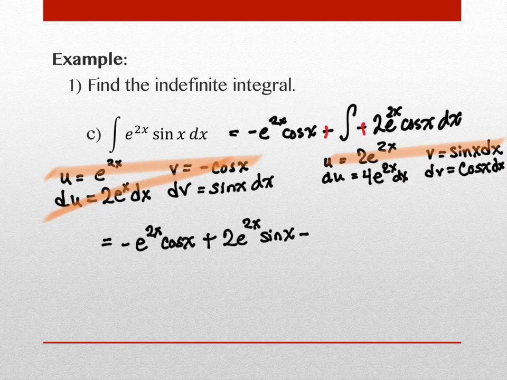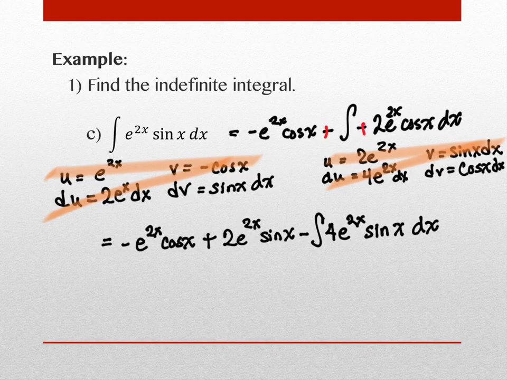And then minus the diagonal over here, so minus the integral of 4e to the 2x sine x dx. Since we get rid of those two negatives, is that why cosine of x is not negative anymore? Yes, I moved the negative to the front so that it would cancel with the other negatives.